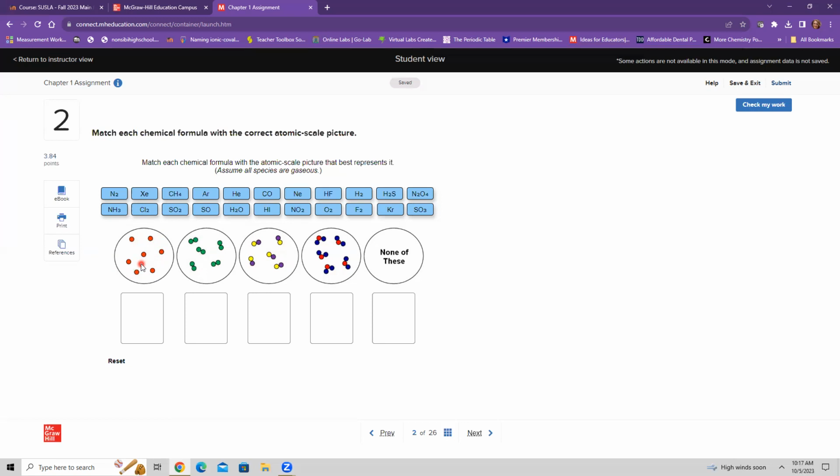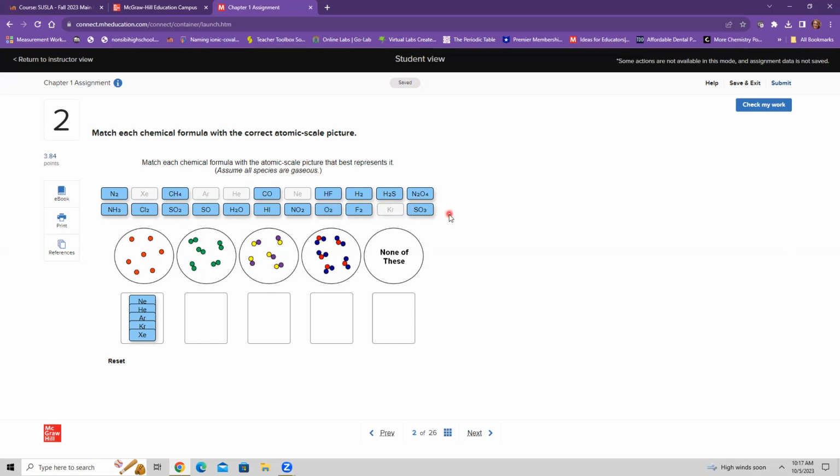But if there is another letter, the letter has to be a lowercase. So anything that is representative of an element but by itself is going to fit here. You see that? You notice I skipped the HF and the CO because they don't meet the lowercase that I was talking about. They're not elements, they're compounds.